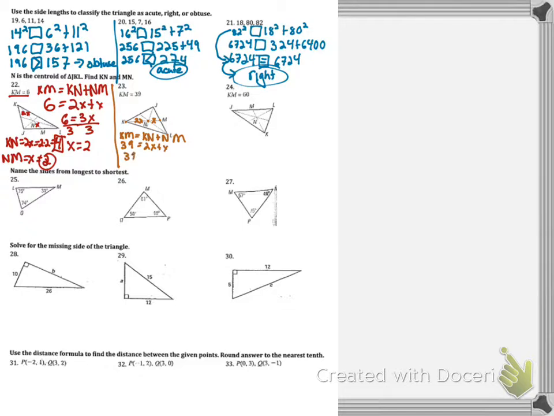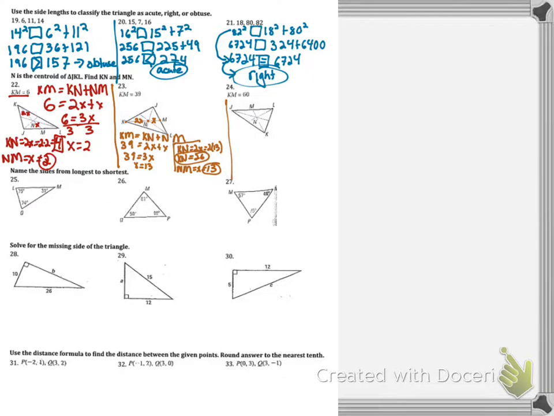Combine like terms, 39 equals 3x. x equals 13. So now that we have that, we have KN equals 2x, which is 2 times 13, which equals 26. We also have NM, which equals just x, which is 13.